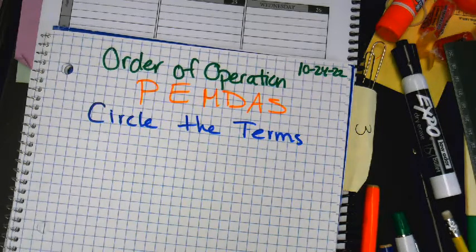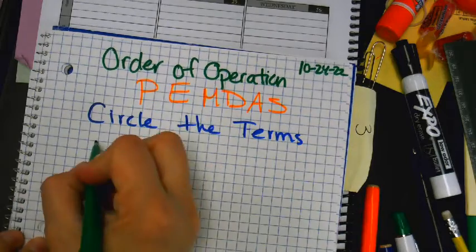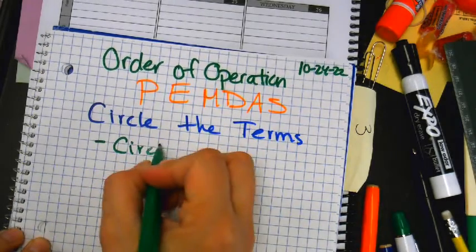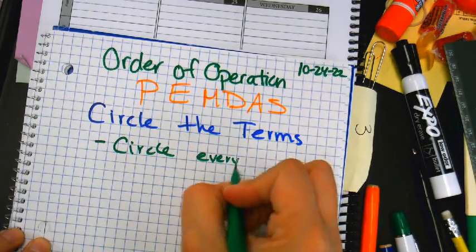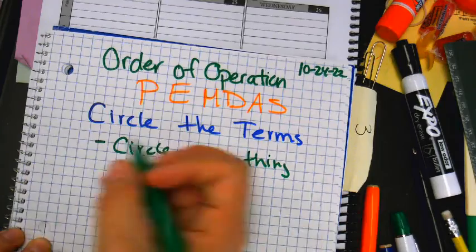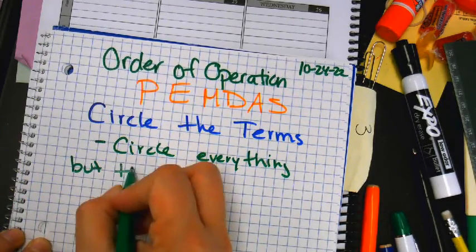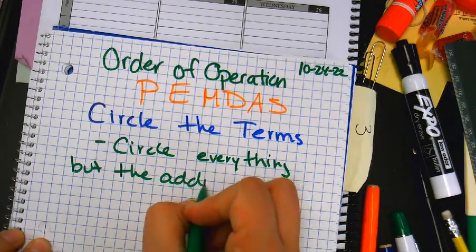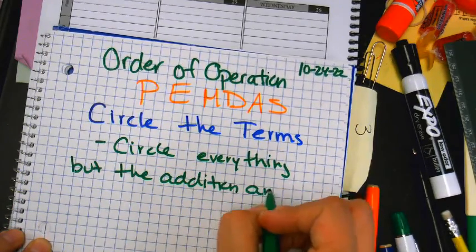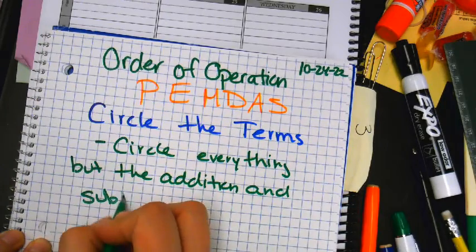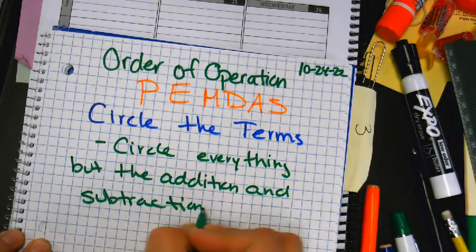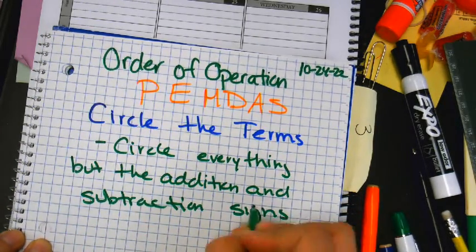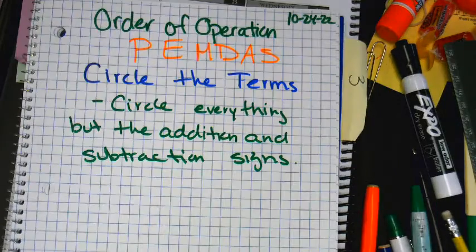What circle the terms means is that we circle everything but the addition and subtraction signs. So we're going to circle the terms to help us do the math.